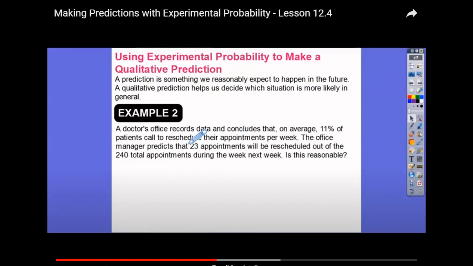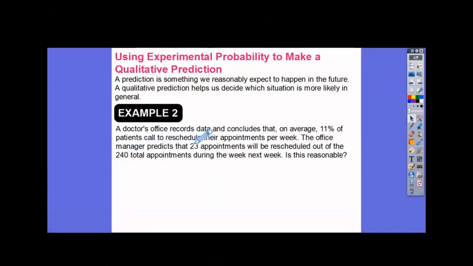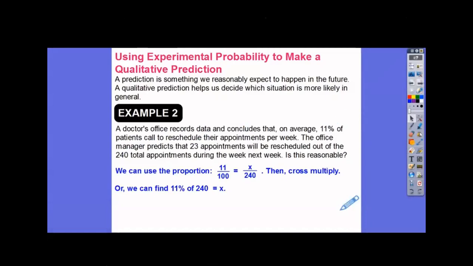We will calculate at the beginning. He said the total number of patients was 240. Then we want to predict. We can use a proportion. 11% means 11 out of 100 equals how many over 240. Then we will use the cross product to find it, or we can use the percent, 11% of 240.